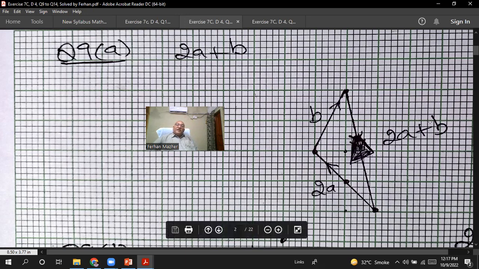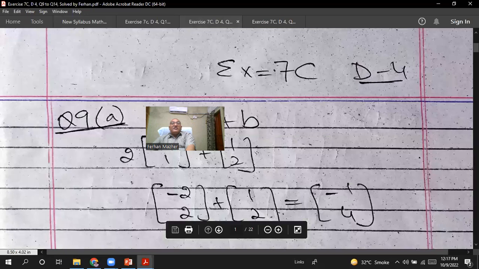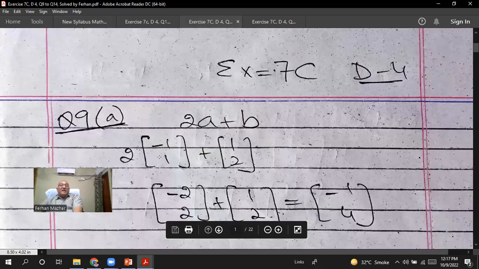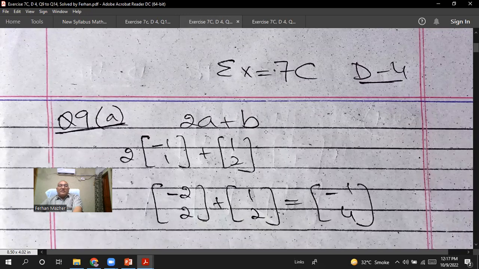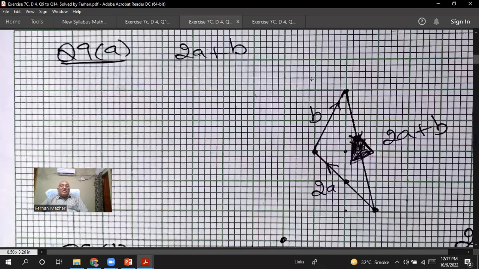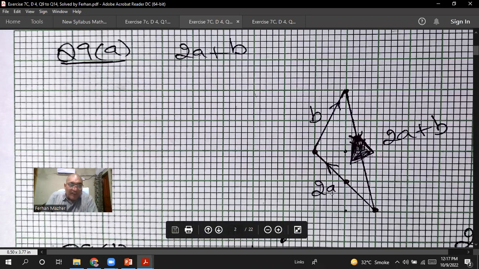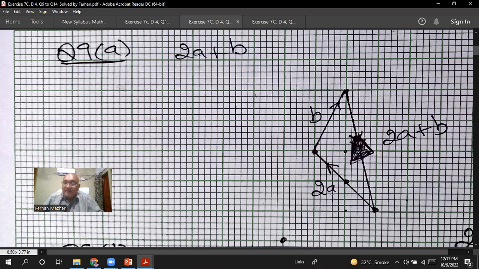So I started from here. A is (-1, 1). It means on the x-axis you move one step negative, and on the y-axis 1 positive means go upward.